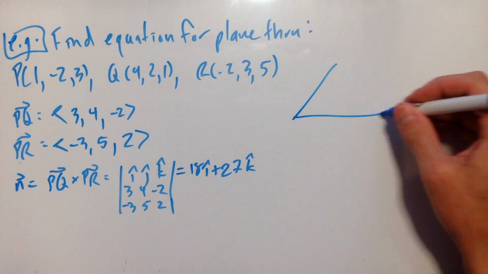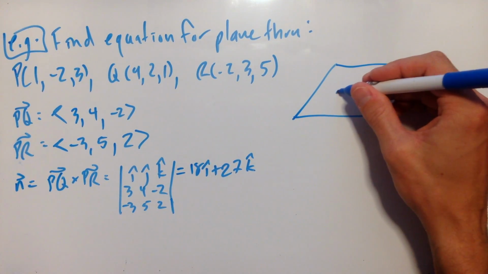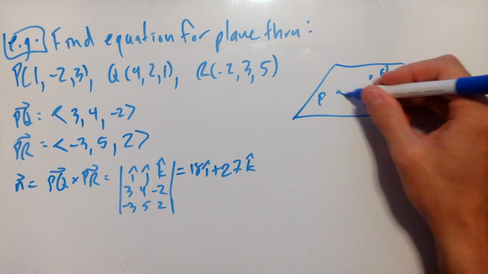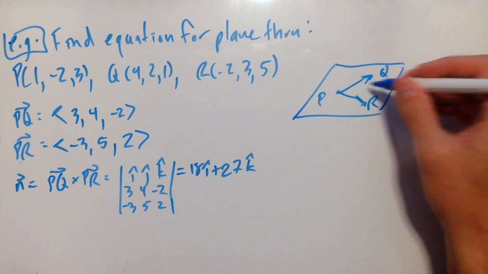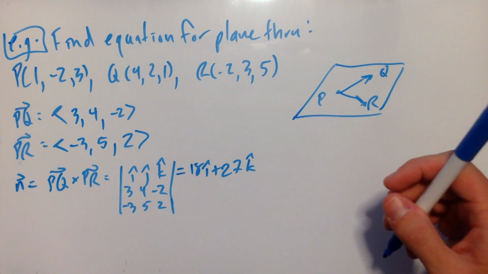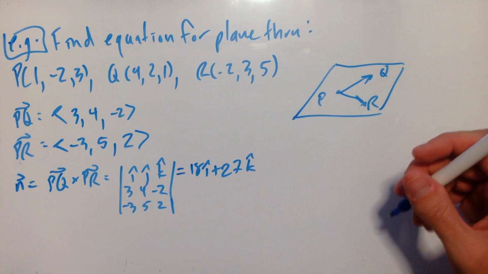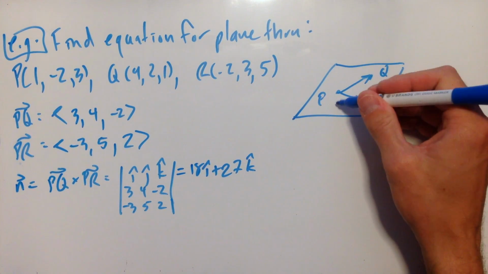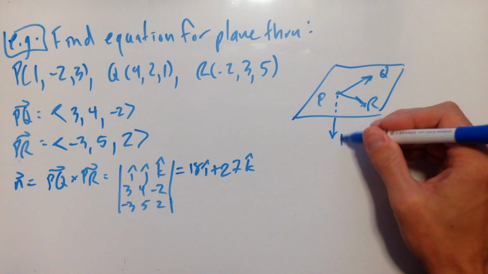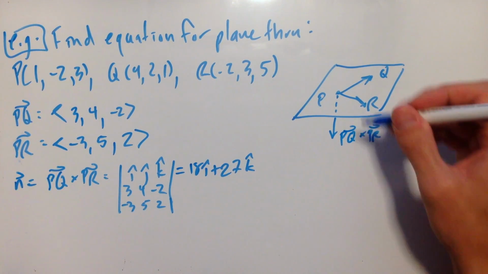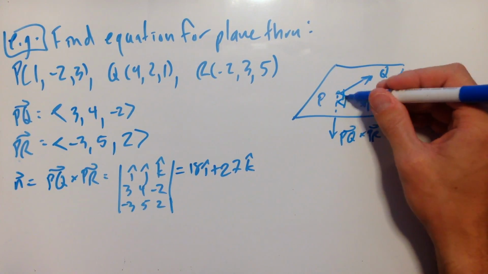So sort of the picture here is this. I've got P, Q, and R, and assuming that the vectors from P to R and from P to Q are not parallel, then PQ cross PR is going to be perpendicular. And following the right-hand rule, this is actually going to be a vector pointing down, PQ cross PR, and that'll be perpendicular to both of these guys.